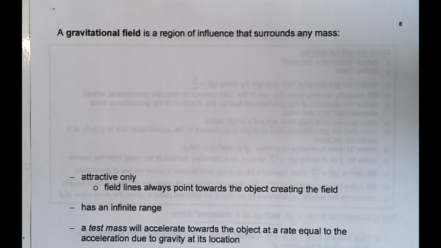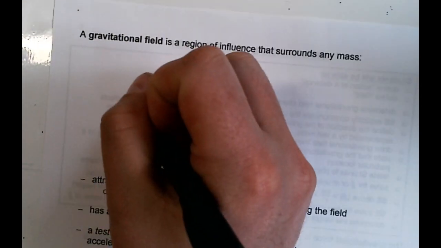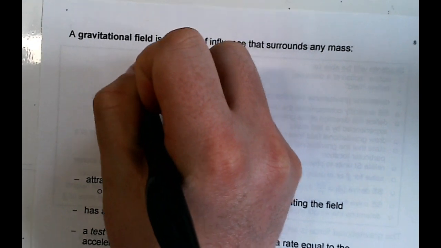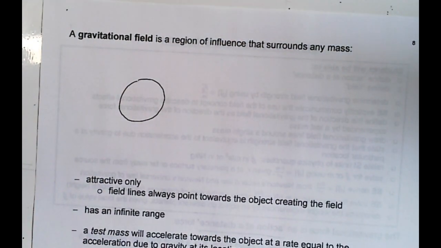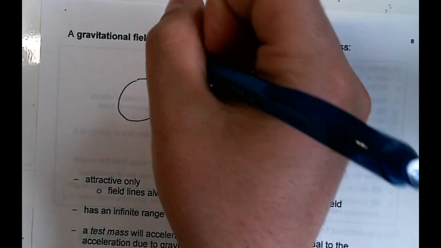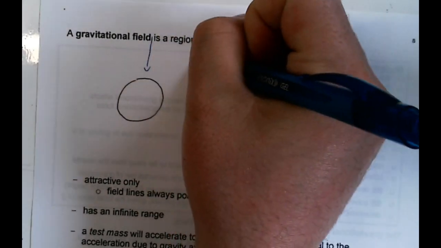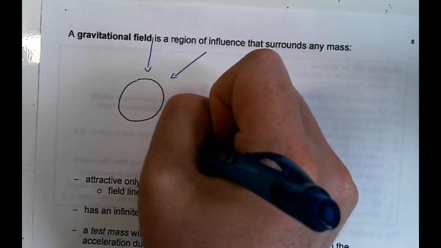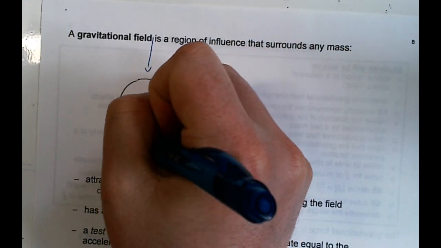If we take a step back, we can look at what the gravitational field might look like. For example, if I draw the Earth, remember, it has a force of gravity that pulls everything towards it. It's actually a 360-degree pull. This is because the Earth is spherical.